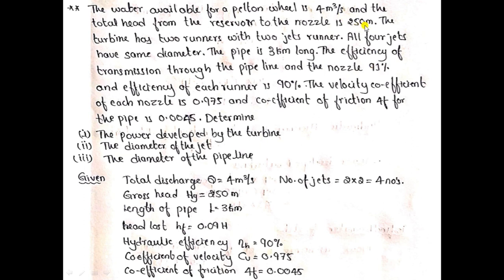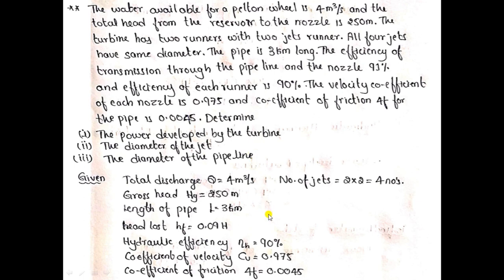So 9% of 250 meters is the head lost. In order to get the net head, we need to deduct the head loss. The efficiency of each runner is given, which is 90%, the overall efficiency, and the coefficient of velocity is given, which is 0.975, and the coefficient of friction is given, which is 0.0045.